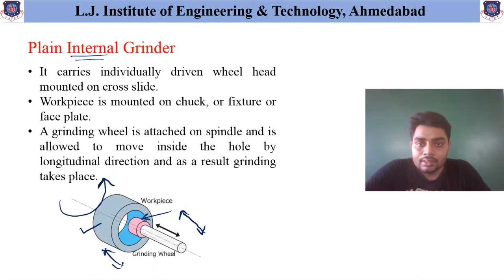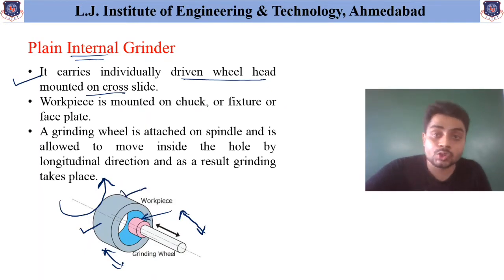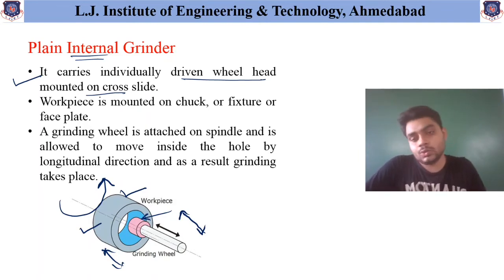As you can see from here, the first point is that it carries an individually driven wheel head mounted on the cross slide. Second, the workpiece is mounted on the chuck or fixture or the faceplate. That means the workpiece is provided on the headstock that we discussed in the case of the plain cylindrical machine also.